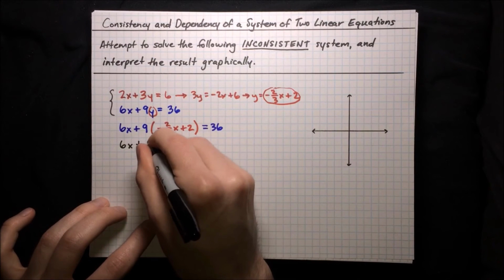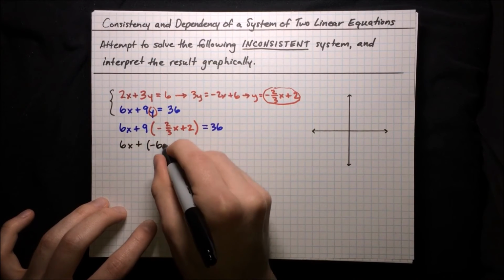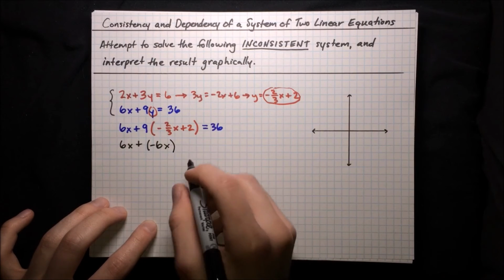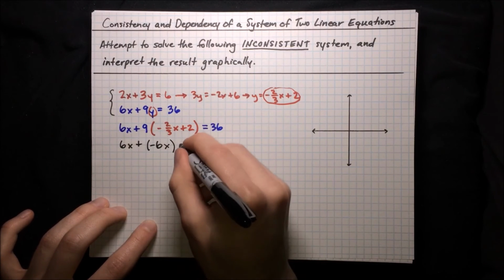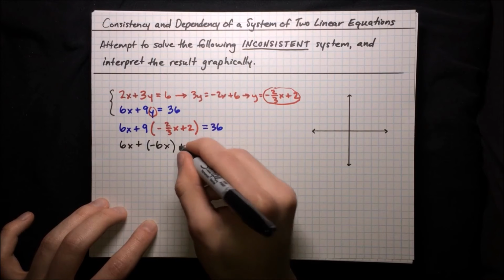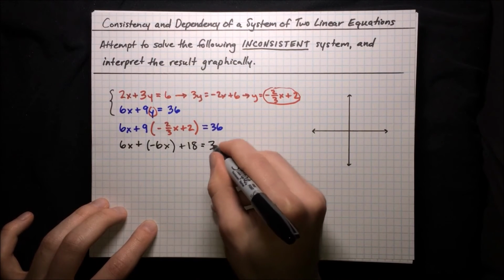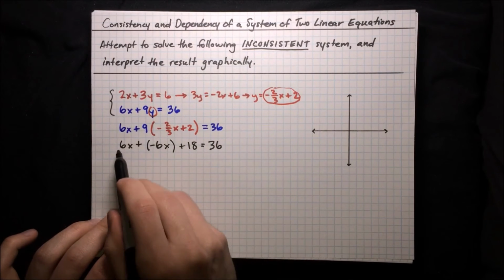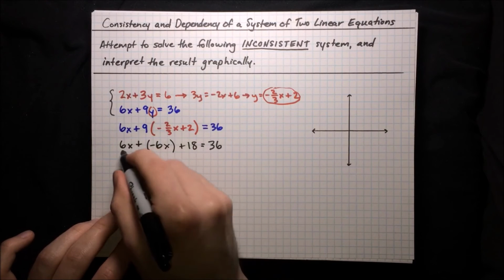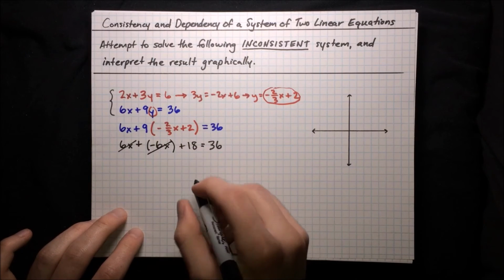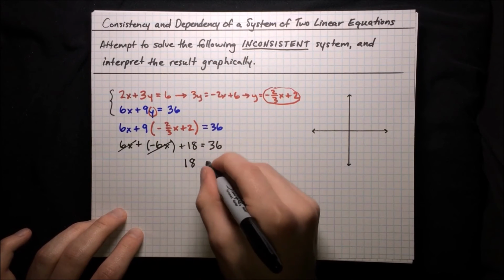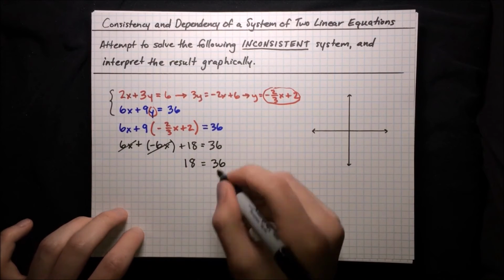That's just -6, and then there's also an x, so -6x. And then plus 9 times 2, so plus 18, and that's equal to 36. Okay, so 6x plus -6x cancels out, that just gives us 0, and our result is 18 equals 36.